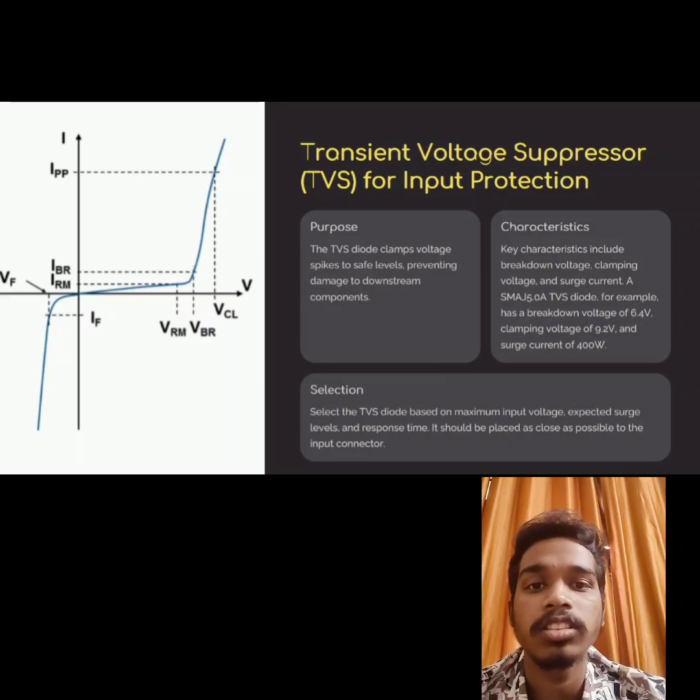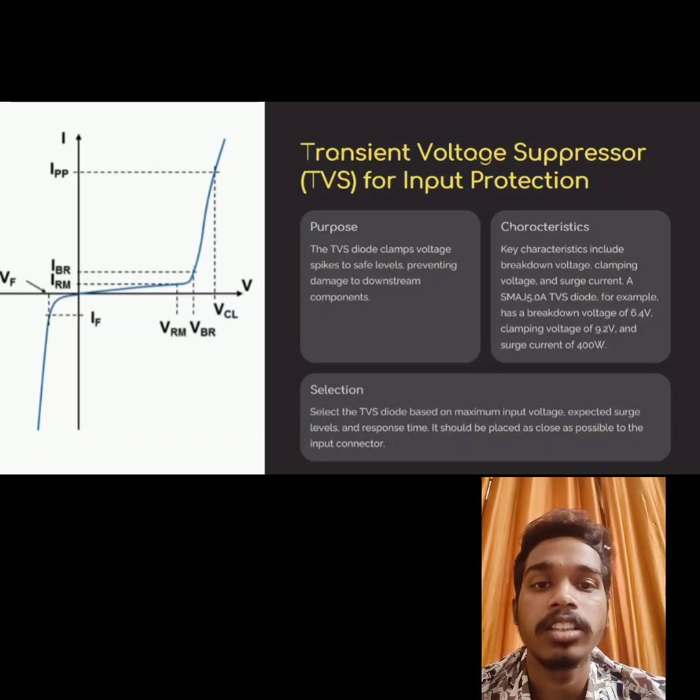Fourth is transient voltage suppressor, TVS, for input protection. Input protection, yes, not output, it is input protection. First is purpose. The TVS diode clamps voltage spikes to safe levels, preventing damage to downstream components. Second is characteristics.